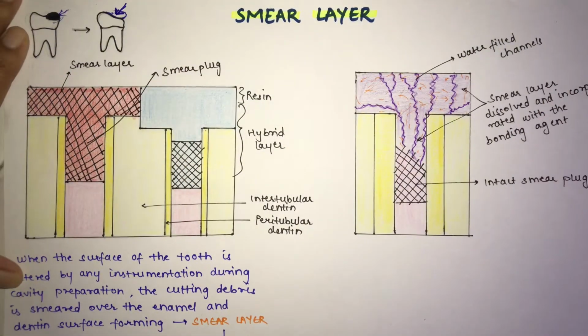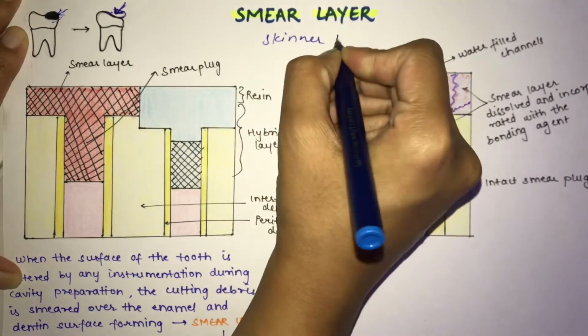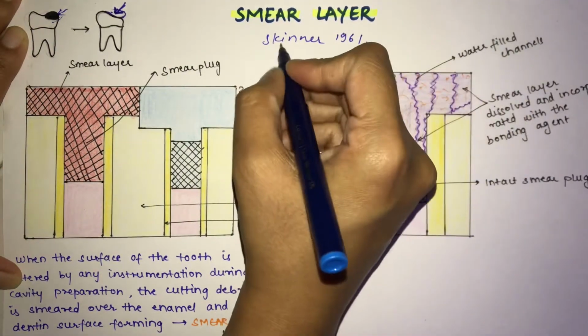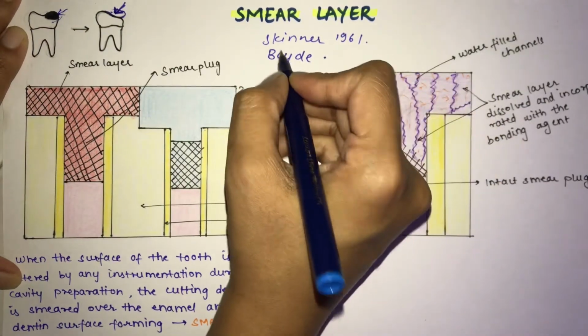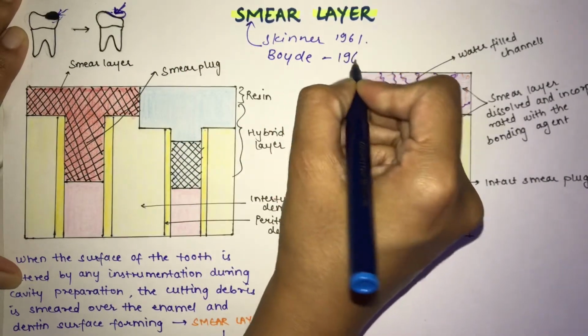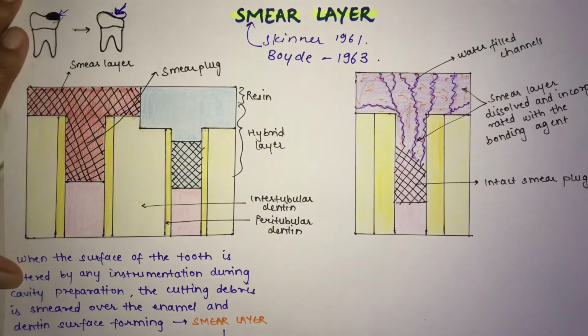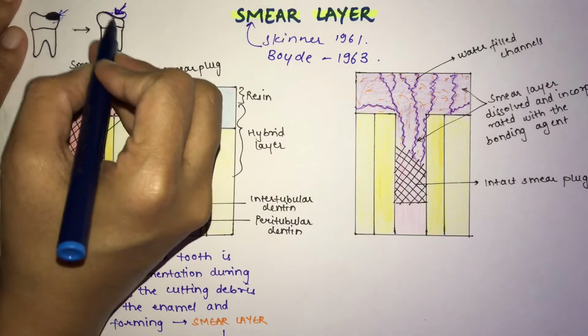This smear layer was first suggested by Skinner in the year 1961, and a person named Boyde was the one who described and coined the term smear layer in the year 1963. Now this smear layer consists of inorganic hydroxyapatite, because it is basically nothing but the cutting debris.